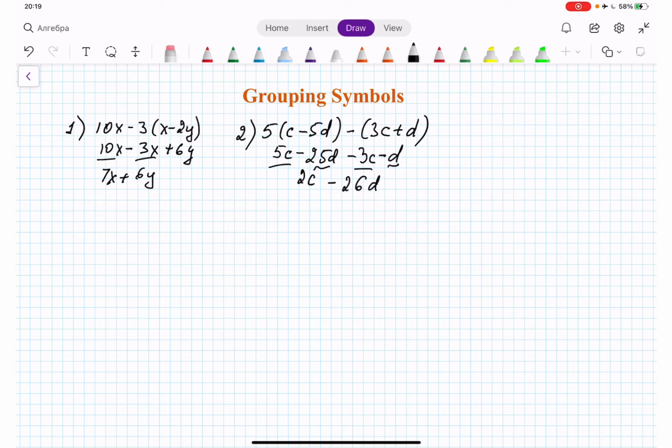Question number 3. We have negative 6x plus 3y plus 4 times 2x plus y.